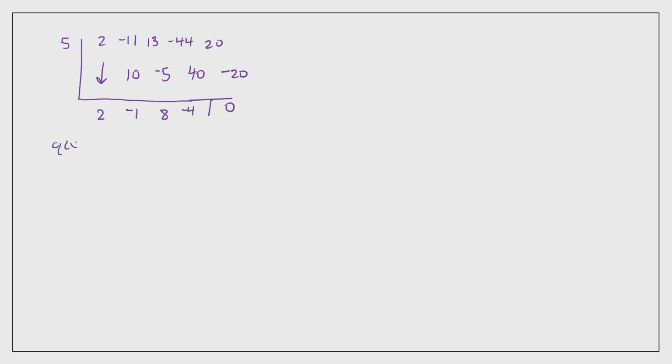And our quotient is going to be the depressed polynomial 2x cubed minus x squared plus 8x minus 4, and the remainder 0, which is awesome. So now we have f of x equals x minus 5 times 2x cubed minus x squared plus 8x minus 4.